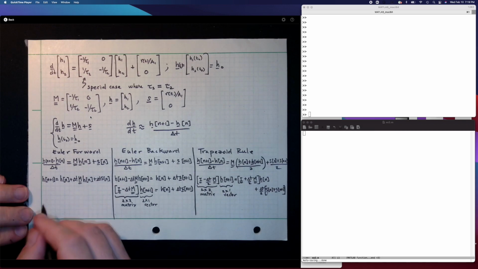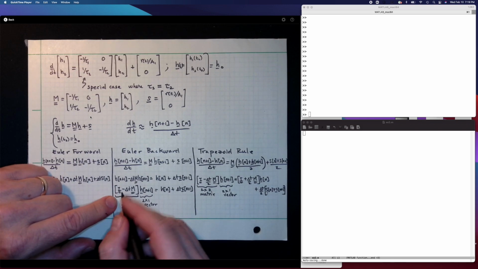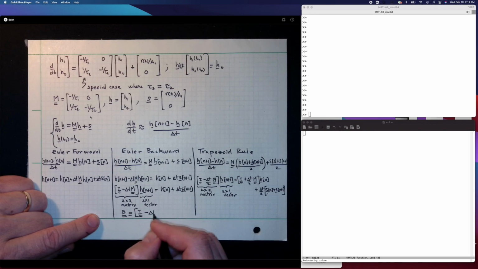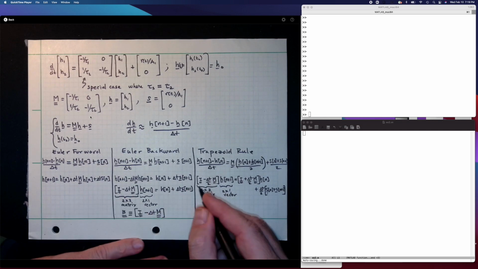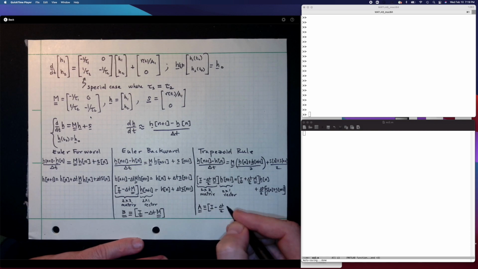So if I define some quantities here, this one I don't need to do anything. This one I want to define a matrix for. So I'll define this one to be B, to be I minus delta t times m. And over here, I'll define this matrix to be A, I minus delta t over 2 m.